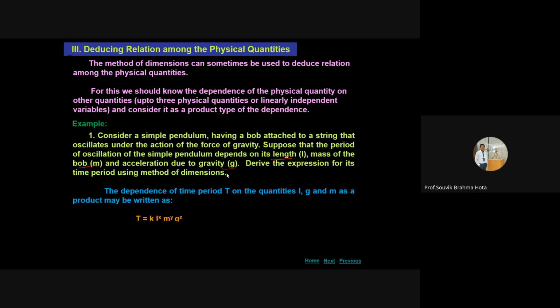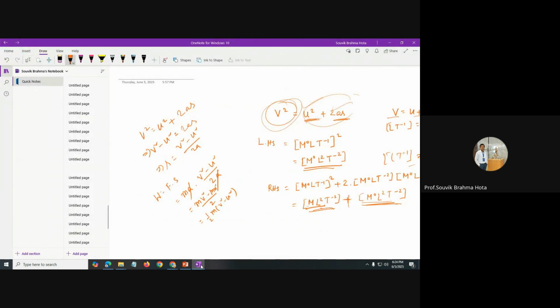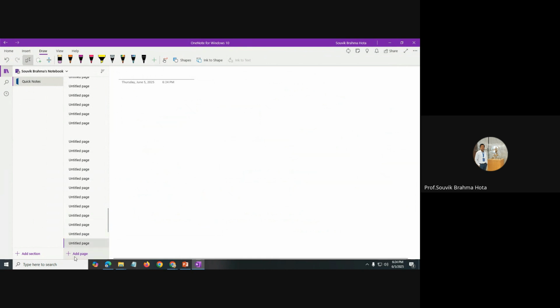as initially like this. Linearly it is varying, because we don't know the actual thing. So first we consider all of them are linearly varying. Time period is directly proportional to the length, time period is directly proportional to g, time period is directly proportional to the mass.